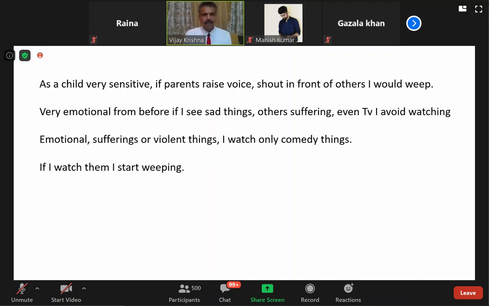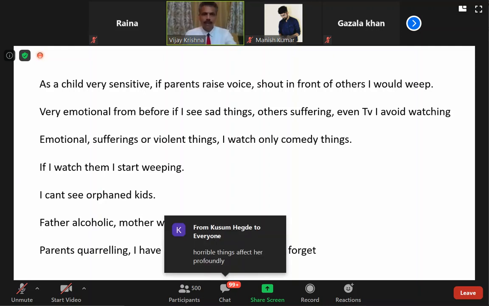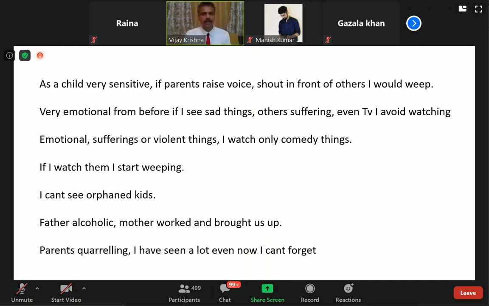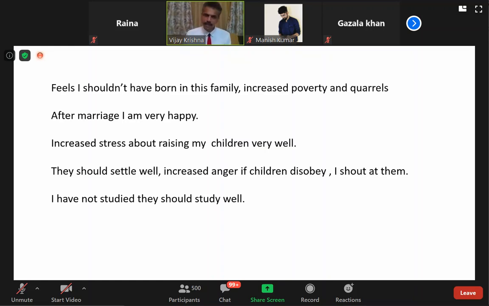Very bad childhood. Father was an alcoholic, and mother did coolie work, and then she brought her up with a lot of difficulty. Quarreling parents, and she regrets the fact why I was to be born in this particular family. And after marriage, husband is a very nice guy, and he takes very good care of her.